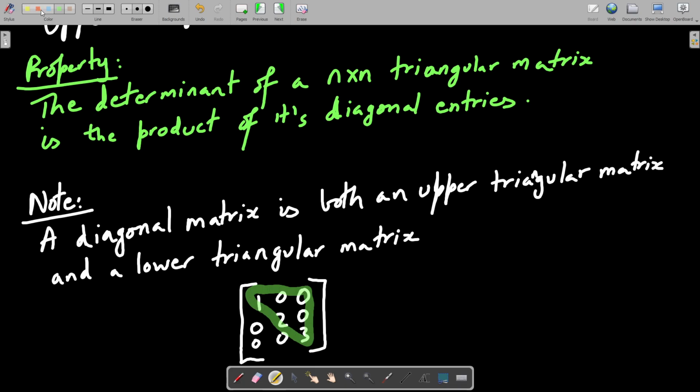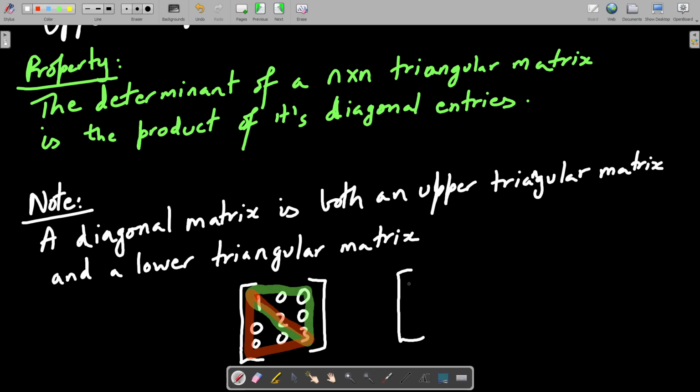Next, observe that the entries above the diagonal are also 0. What happens below the diagonal, I'm not worried about, so this matrix is also a lower triangular matrix.